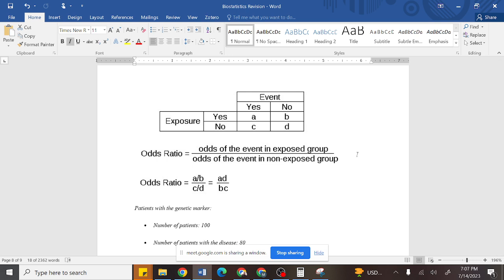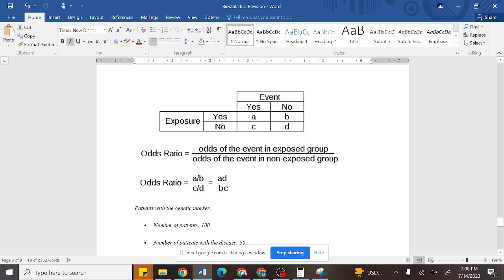But A divided by B, the answer you get, divided by C divided by D, there's nothing in there. But this one is easier to remember. AD and then BC, if you remember that history. And it is much easier this way.